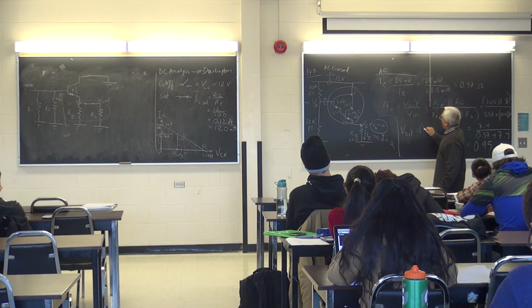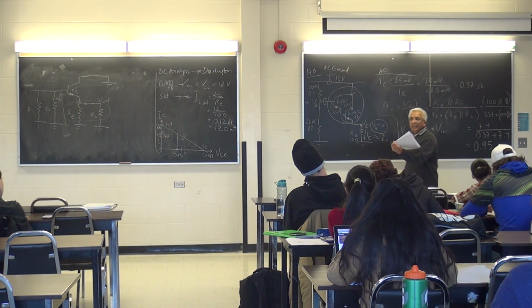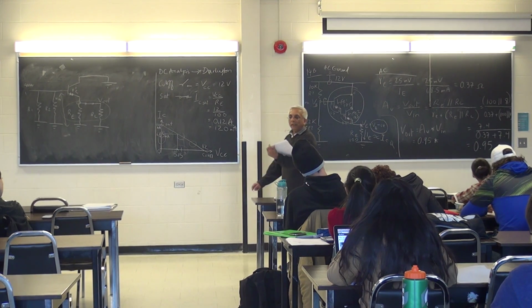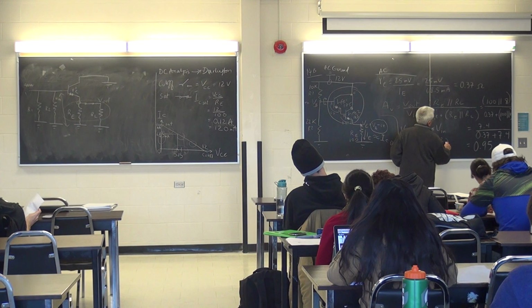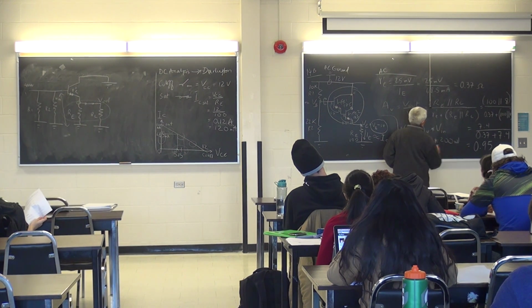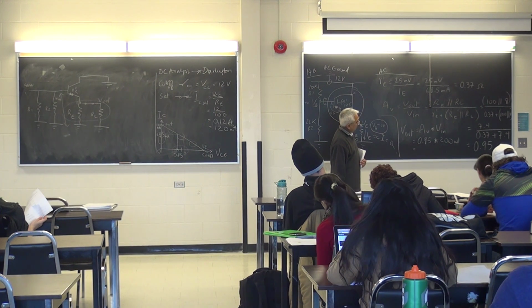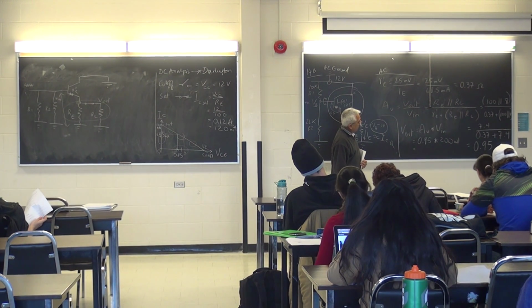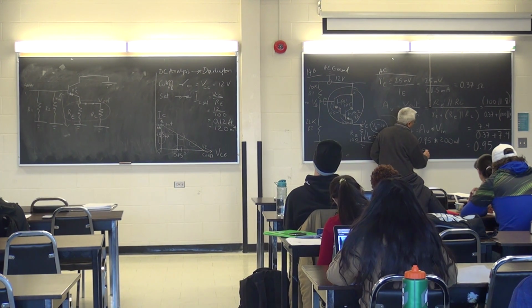Is it AV times V in? So is it 0.95 times V in, which is 200 millivolts peak to peak? How much? You're right. 190 millivolts peak to peak.